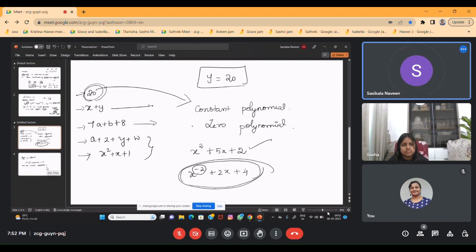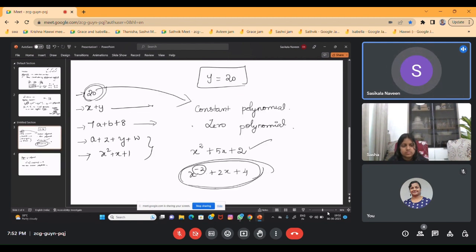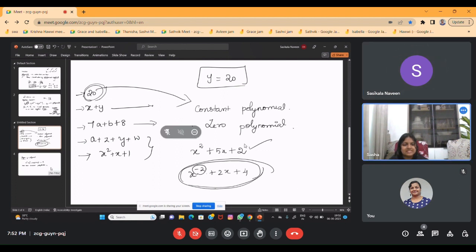This example itself you can take, no? 20. 20 is a constant polynomial, so what's the degree of this polynomial?